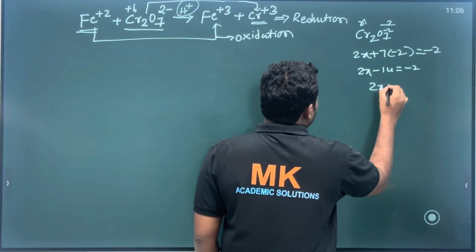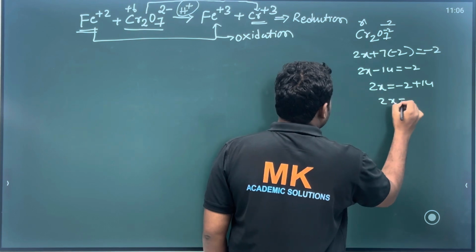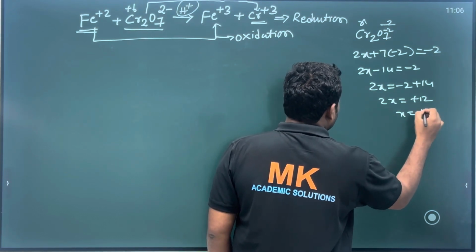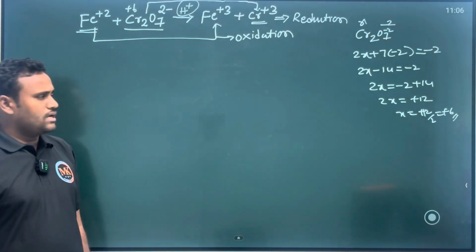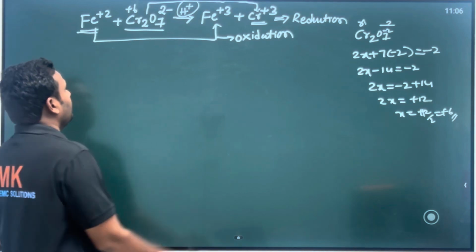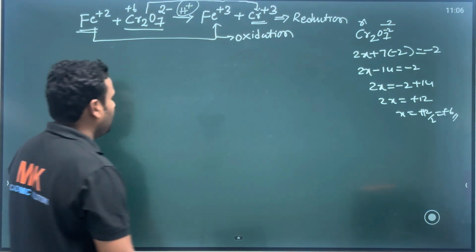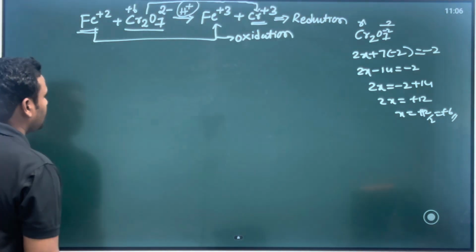Therefore 2x is equal to minus 2 plus 14, so 2x is equal to plus 12, therefore x is equal to 12 by 2, that is plus 6. So plus 6 is the oxidation number of chromium. Plus 6 to plus 3 is obviously reduction. Now what we need to do is separate the oxidation half and reduction half.